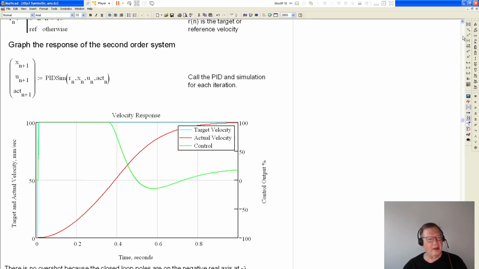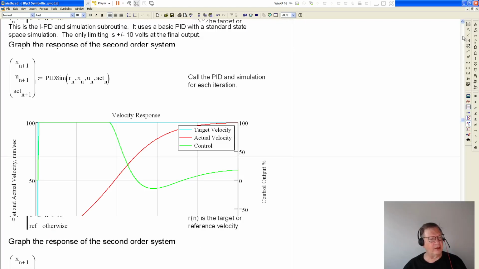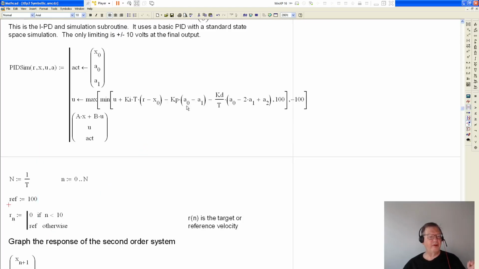Also, I am using a little trick. I'm making it so that the proportional term and the derivative term are only affected by the changes in the actual velocity. So this is actual velocity at the current time, the previous time, and the time before that. And what this does is it eliminates all the zeros.